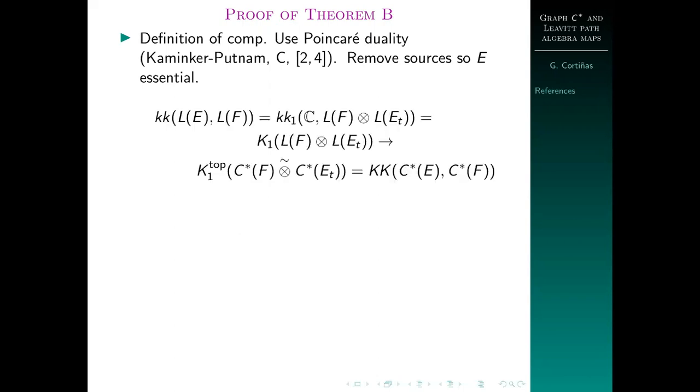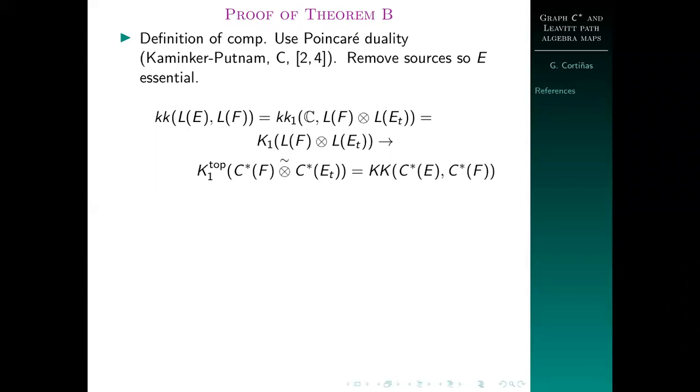And once you remove sources, you can proceed as follows. Here on the left, in the first line, we have little kk of LE, LF. At the end of the third line, we have big kk of C-star E, C-star F. We want to go from the upper left-hand corner to the right-hand corner.